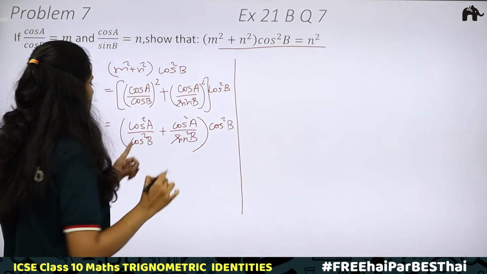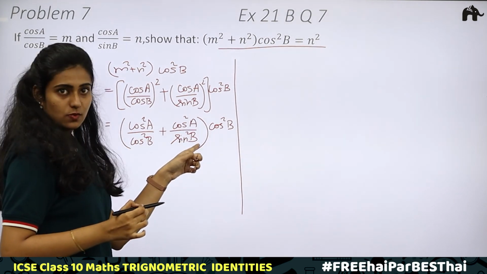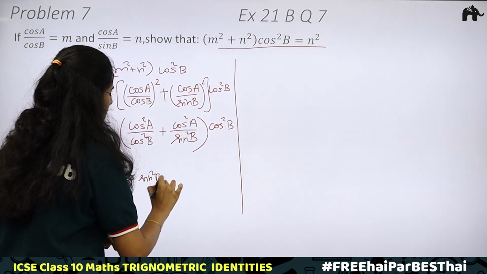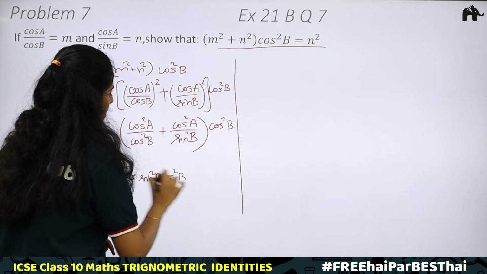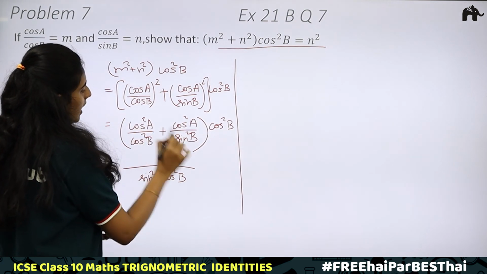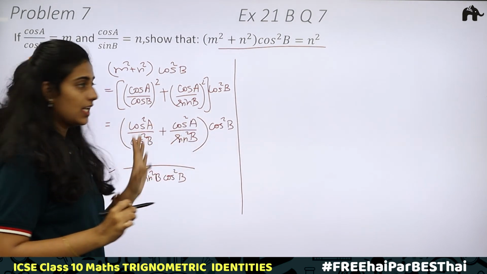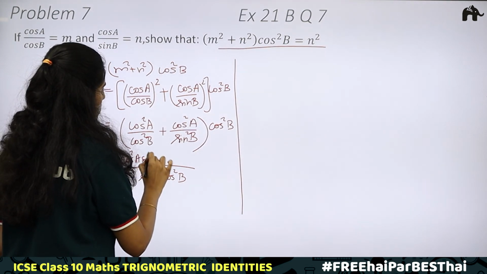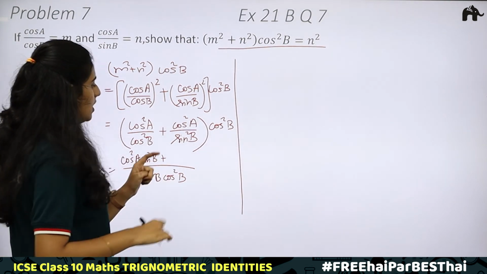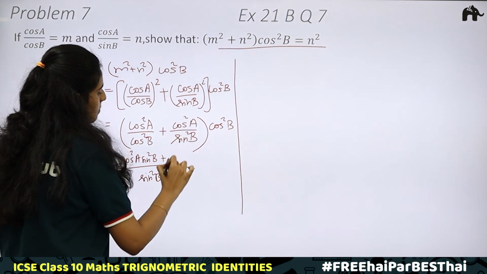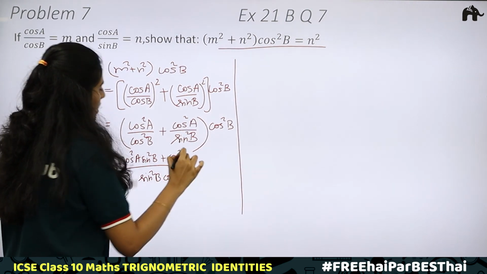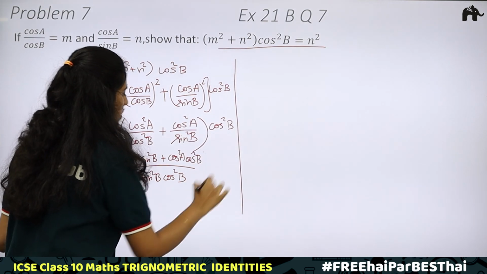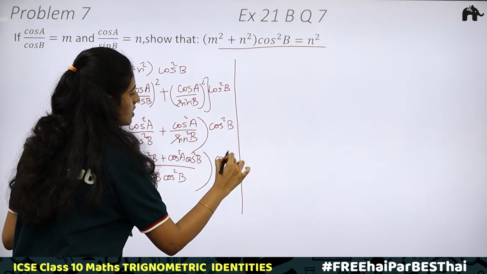Here we have denominator cos square B and sin square B. Then the LCM will be sin square B cos square B. Cross multiplying cos square A into sin square B is cos square A sin square B, plus. Here again cross multiplying we have cos square A cos square B, whole into cos square B.